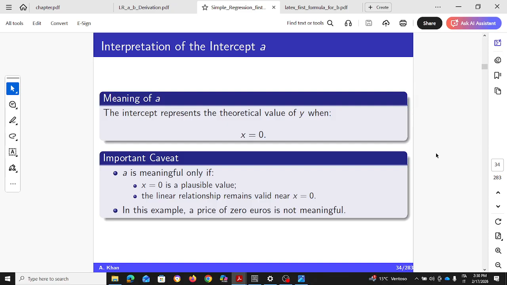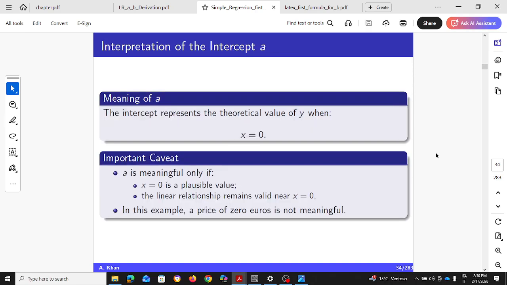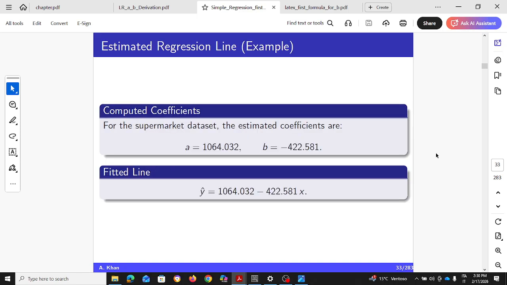Now, a key point here is, this is the next step. But before this, for example, in this case, if we have the value of a at x equal to 0, so this means for our data, the value of x was what? The price. So if price is 0, we get this much intercept.